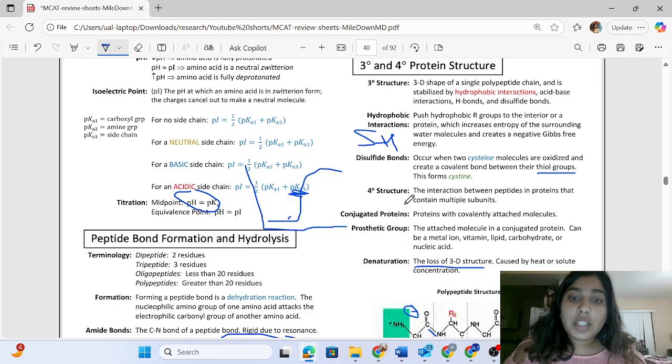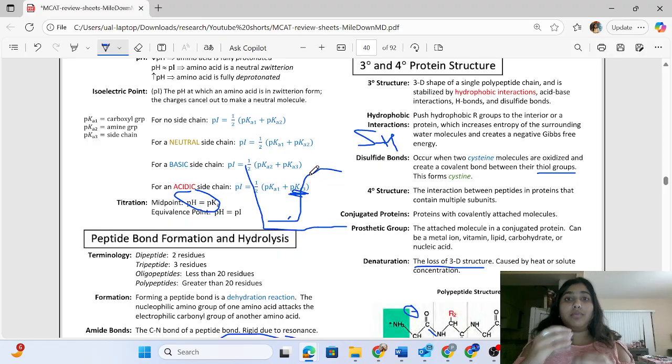Okay. Conjugated proteins just means that you have a normal protein that is covalently bonded to something, for example a metal ion, which gives additional function to that protein. So that's called a conjugated protein. The prosthetic group is the thing which is getting attached to the conjugated protein.